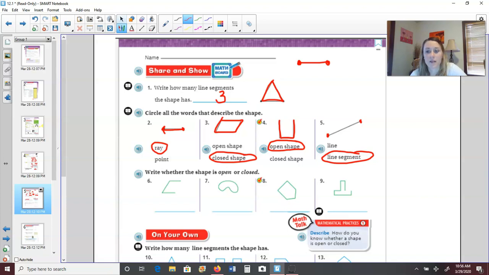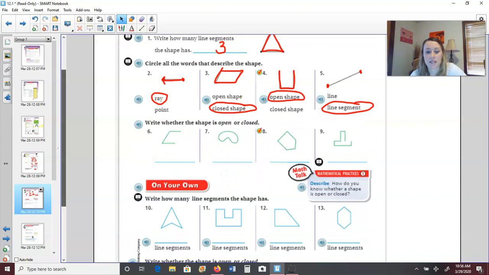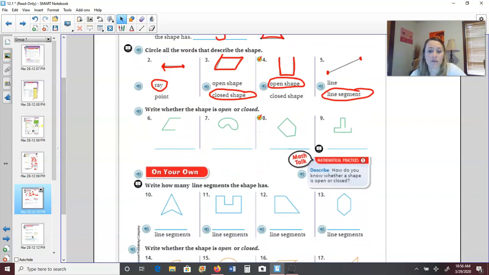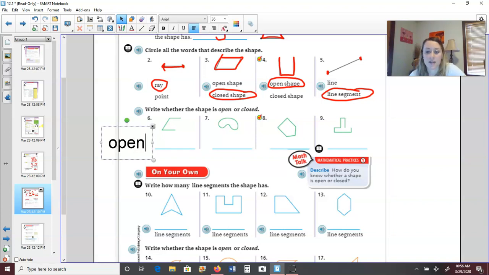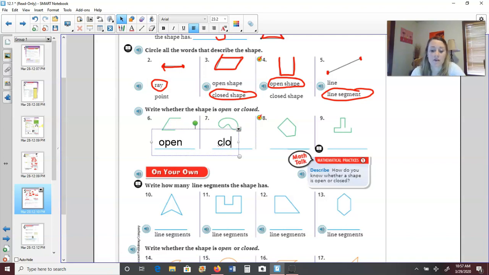Okay? Going down to number 6 through 9, we need to write whether the shape is open or closed. So if we look at number 6, ask yourself, does the shape start and end at the same points? I think we can see that it does not, so this would be an open shape. Number 7 is closed.